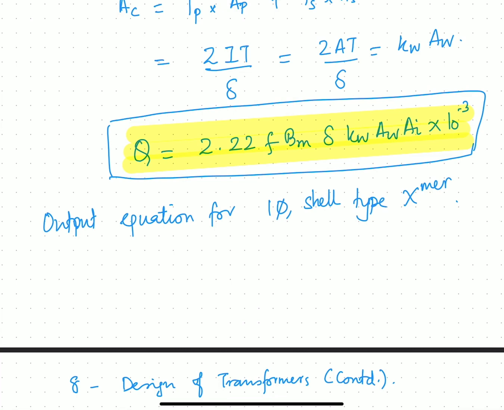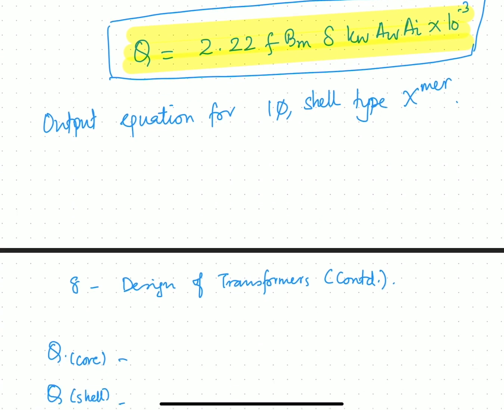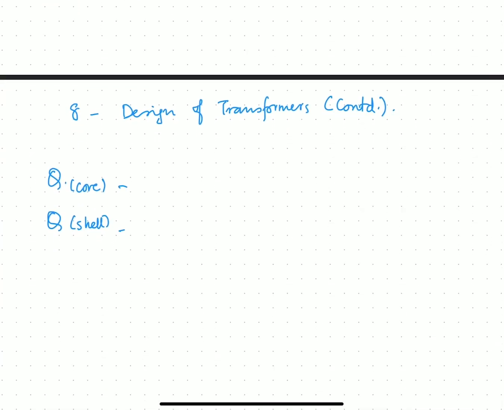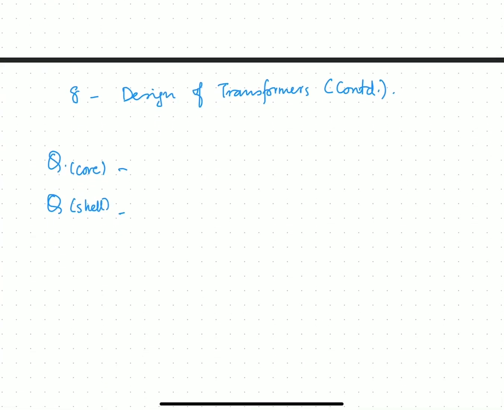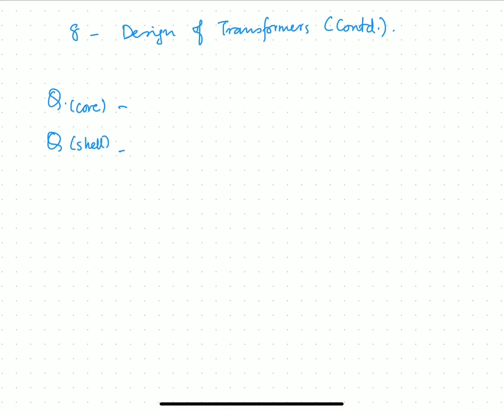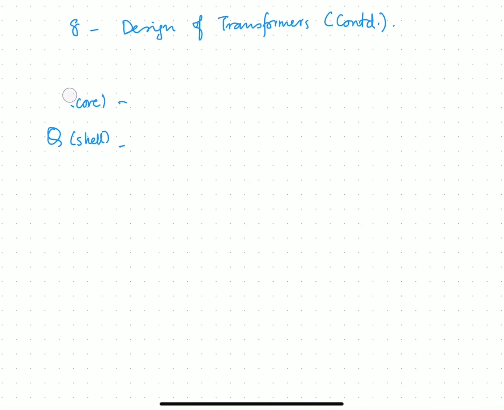So these equations hold for the core and the shell type transformer. In today's lecture, we will talk about the output equation of three-phase transformers. So let's start right away.